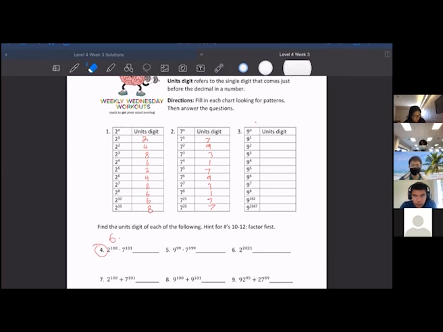So we look back again at 101 divided by 4. We're going to get a remainder of 1, right? So if we get a remainder of 1, do you know the corresponding units digit for any remainder of 1?